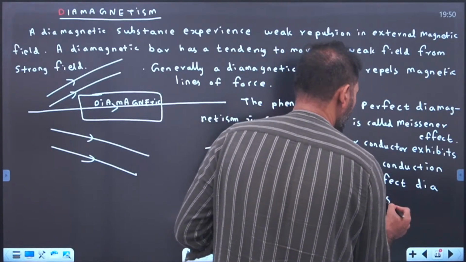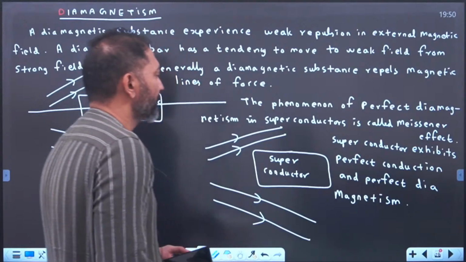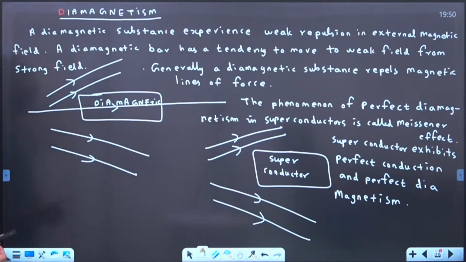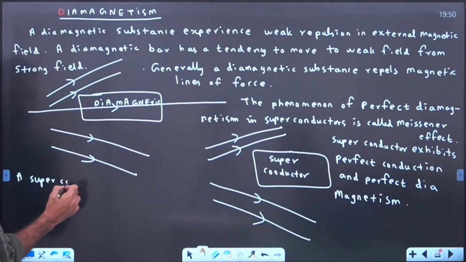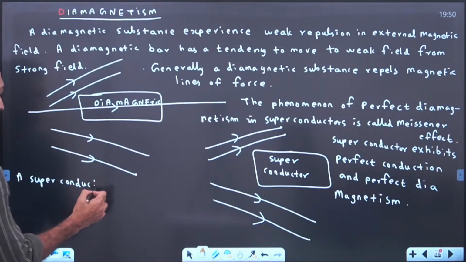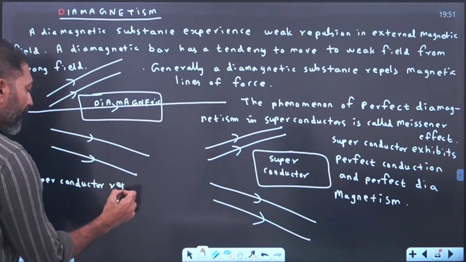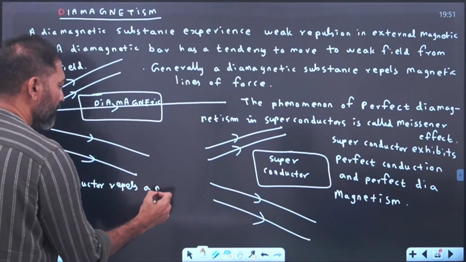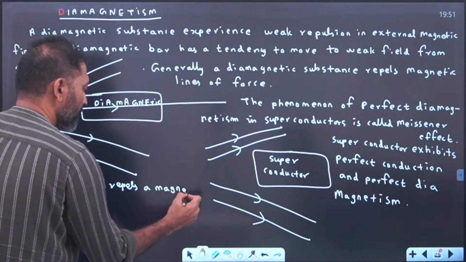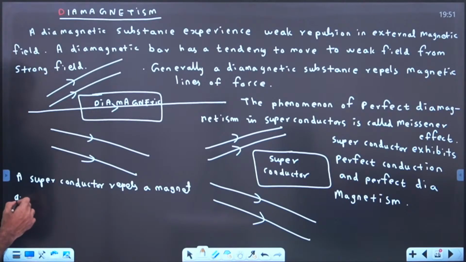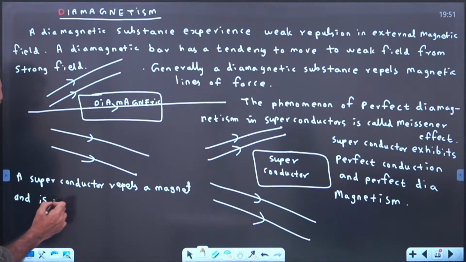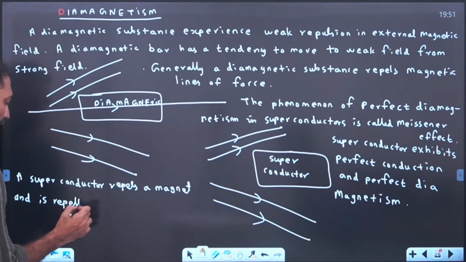Perfect conduction and perfect diamagnetism. So that is a superconductor. A superconductor repels a magnet and is repelled by a magnet.